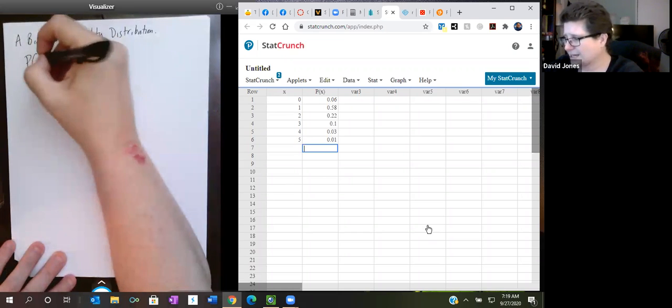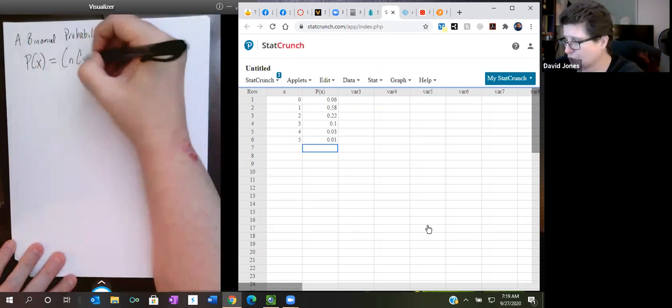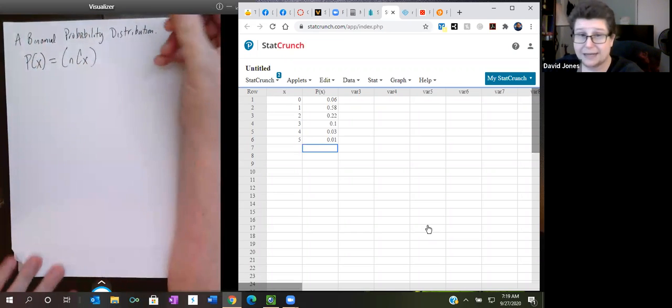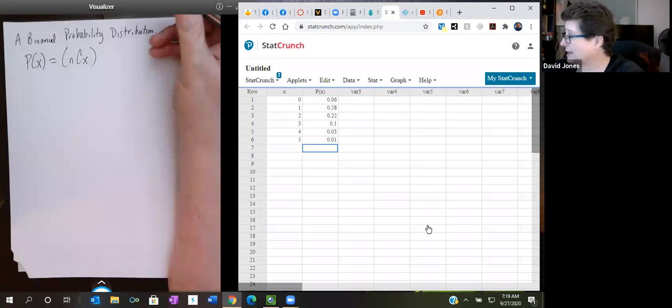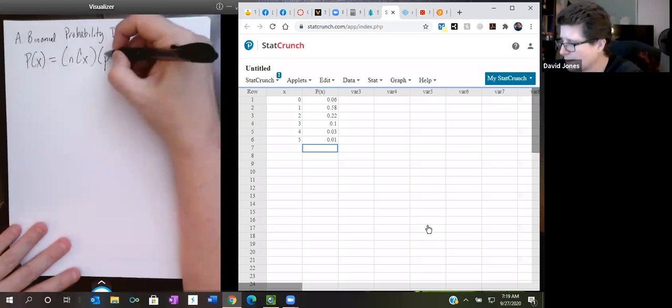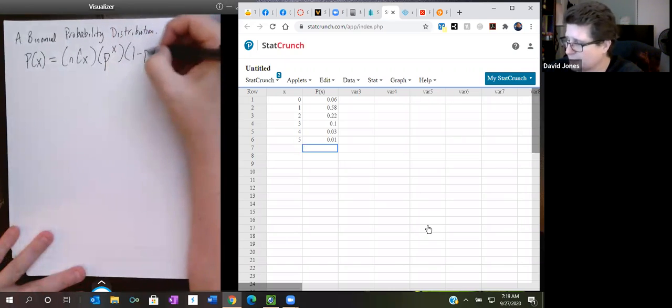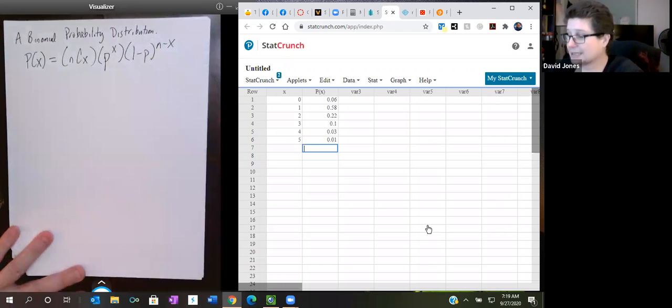The formula is the probability of getting X is N choose X. Remember our counting things in probability? N choose X, and we're going to multiply that by P raised to the X. And then we're going to do 1 minus P raised to the N minus X.